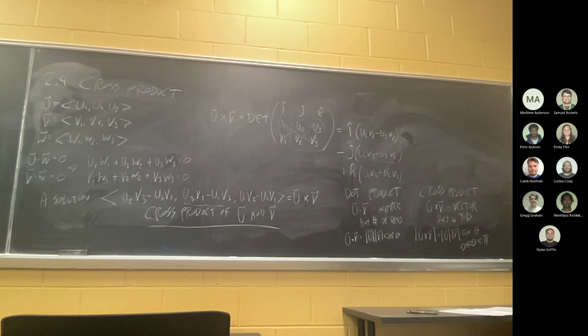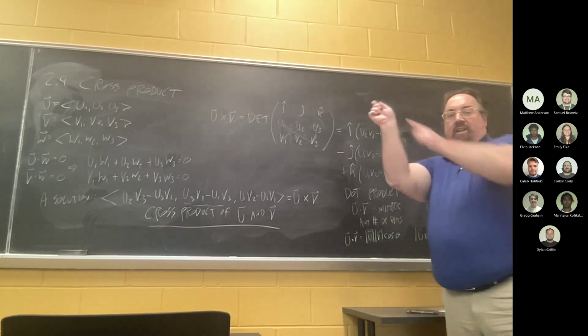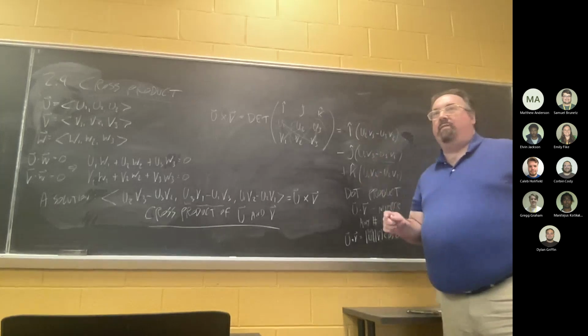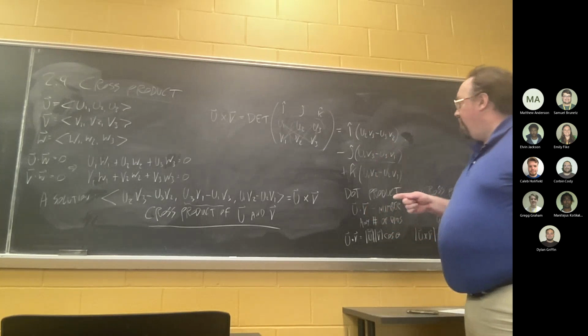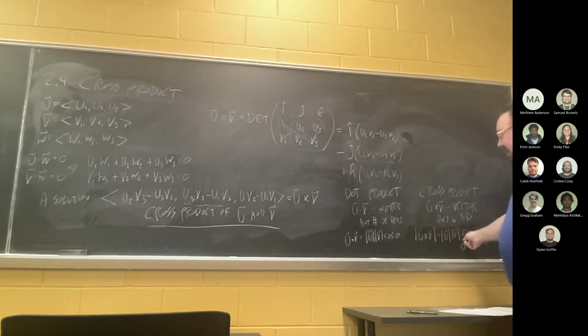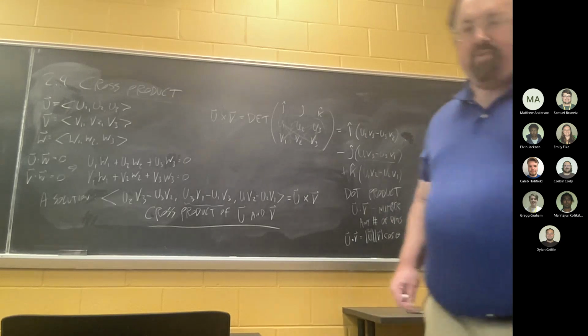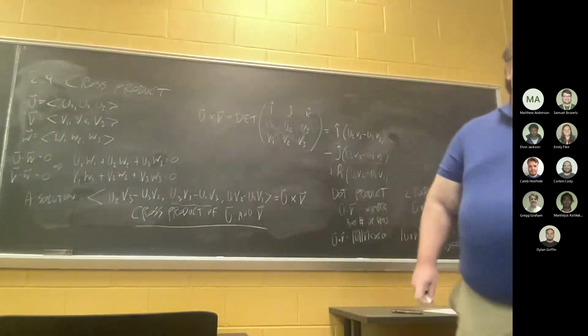So there are only two vectors possible that are orthogonal to both U and V and have this magnitude. But it's still not unique, because I could have a vector pointing in this direction that would satisfy that, and also one pointing in the opposite direction. Both would still be orthogonal to U and V, and both would have this magnitude. So there has to be a way to make that unique.